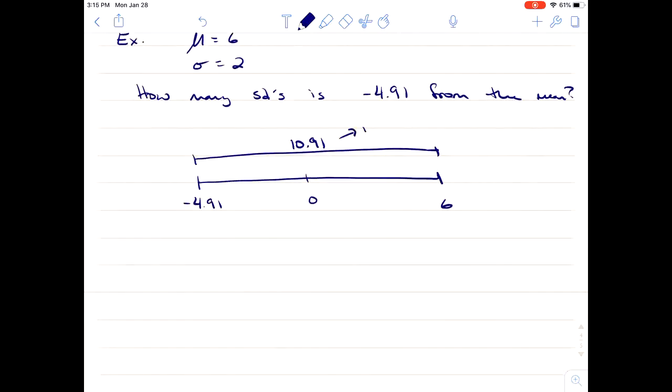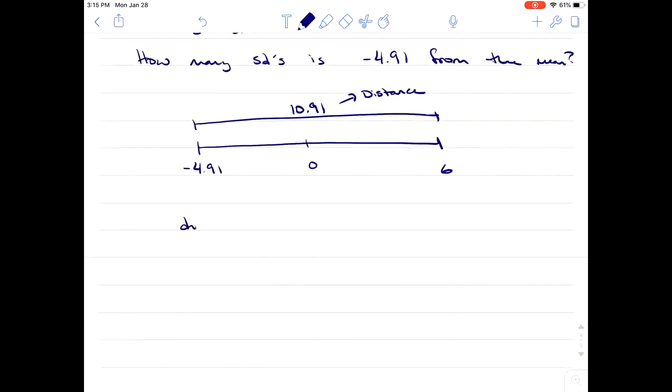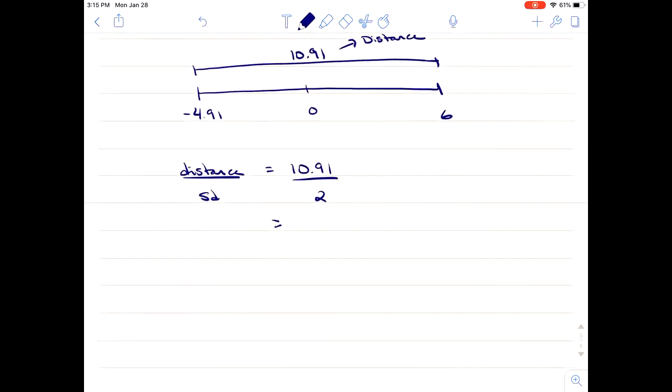So we want to take the distance divided by the standard deviation. We do 10.91 divided by 2, which makes 5.455. That's hard to arrive at if you're just trying to figure it out by bunny hopping down, and a little bit unmanageable in the end.